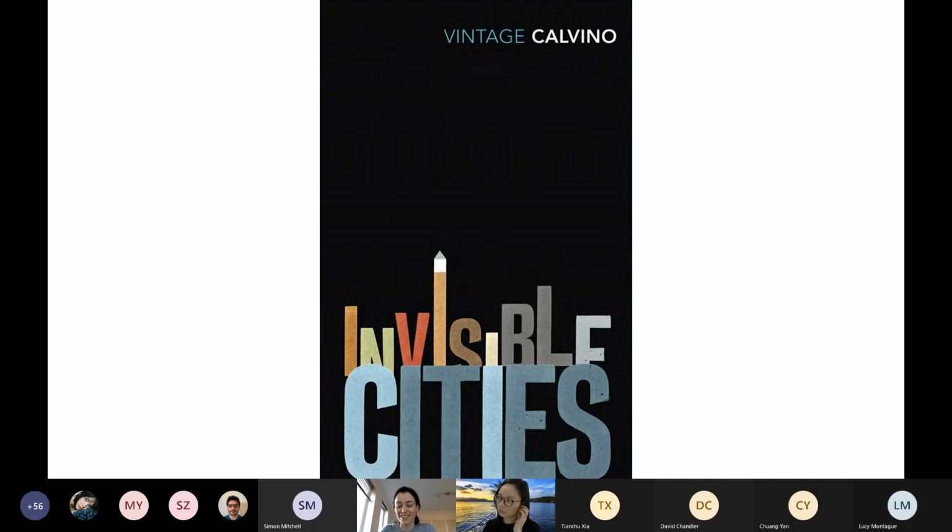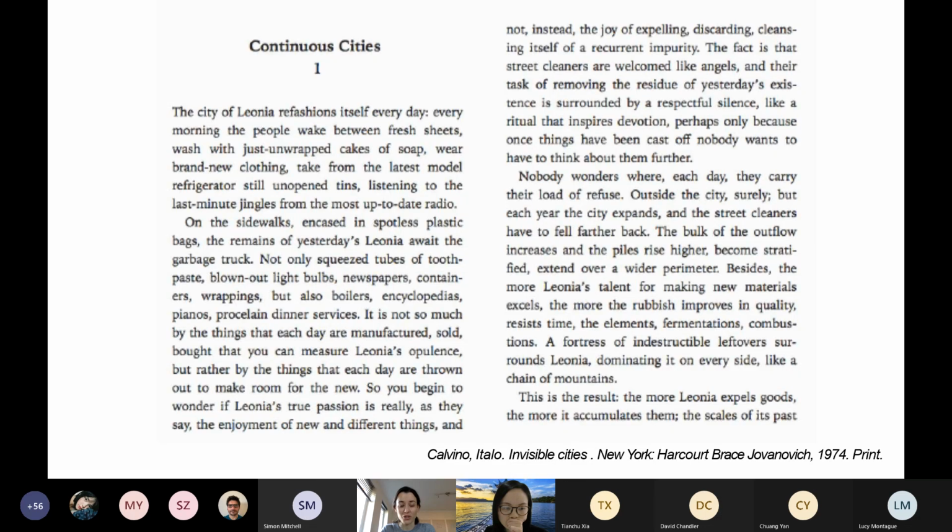This is a really good book. It's a classic. But I love the way that Calvino describes cities. It's a short book. It's very interesting. I would highly recommend it. These are made up cities.